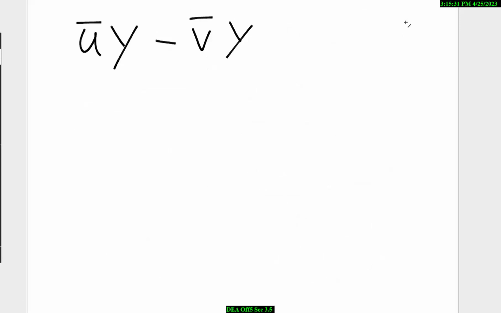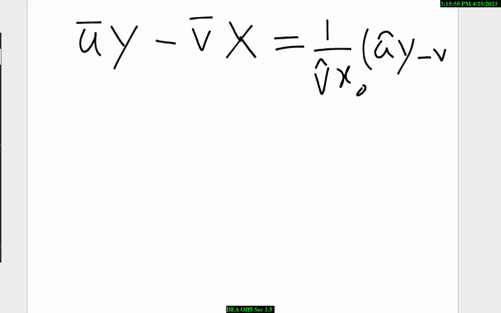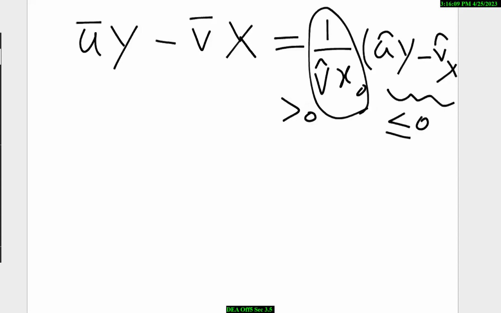For another constraints, note that we have this by putting the values. We have obviously this, but we proved this is less than or equal to 0, and we know this is strictly positive.